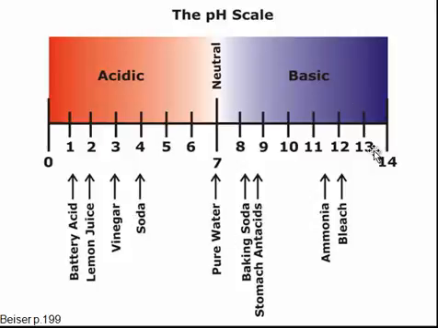When you go the other way, the bases, you know that Clorox and bleach is a pretty strong base. You can pour bleach on a pair of jeans or something and take all the color out. If you don't wash it out, it'll actually eat the jeans. It'll break down the fibers, and you'll have nothing left but lint.